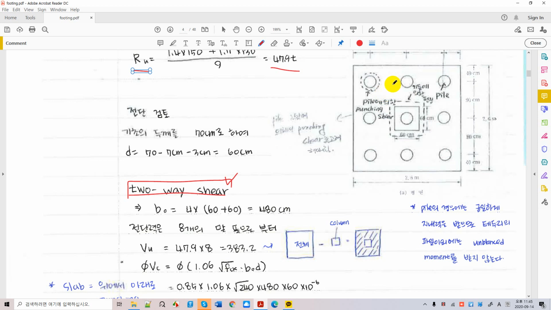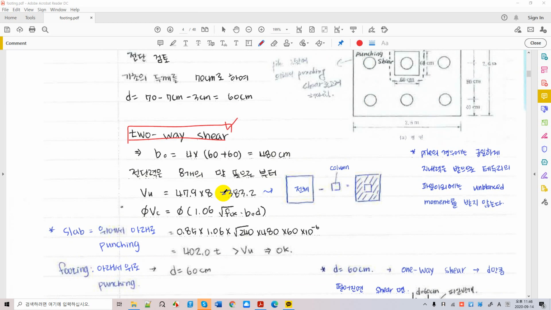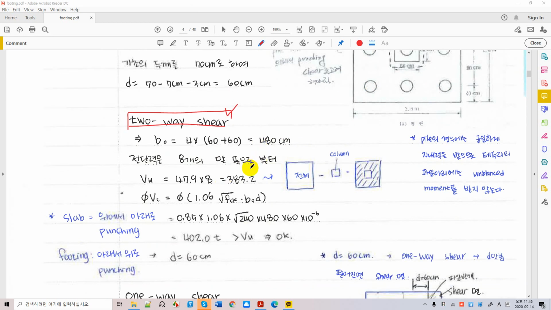The punching shear provided by these 8 deep piles is similar to the one provided by the shallow foundation as well, if you remember. All right. So the punching shear is given by this value, 47.9 times 8. 8 is the number of piles that contribute to punching shear. So we have this value, 383.